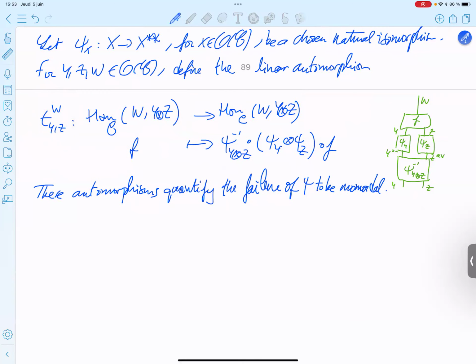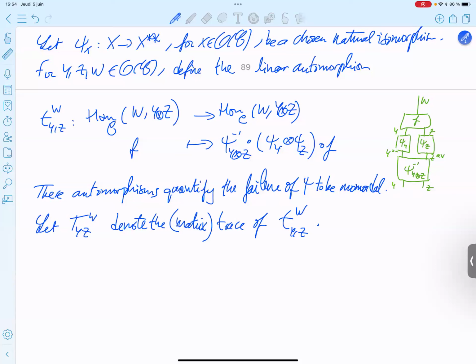So let T_{Y,Z}^W denote the matrix trace of this linear automorphism.